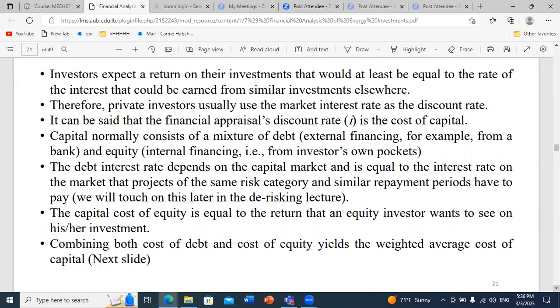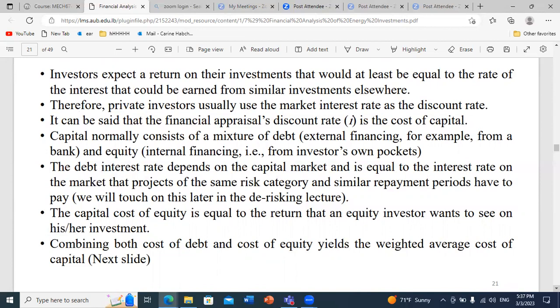When you want to invest your money, you have several options to invest in. You can put your money in a bank, you can invest in other projects. So to decide, you should have a return that is equal or larger than the ones that you can earn from other investment.